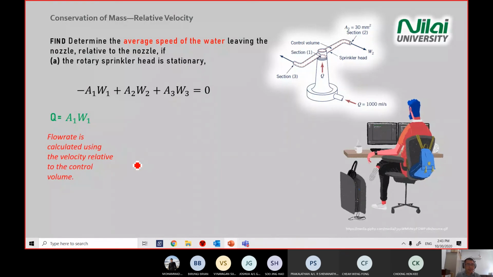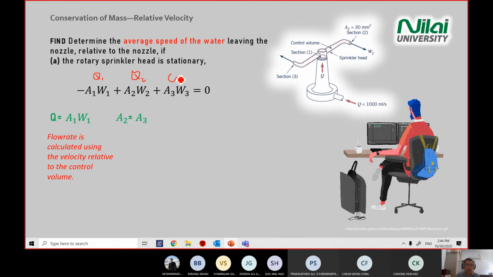So all these are Q: this one is Q1, Q2, Q3. In this case, for 2 and 3, the area is the same, so the velocity coming out from sections 2 and 3 will be the same. So these two will have the same magnitude.